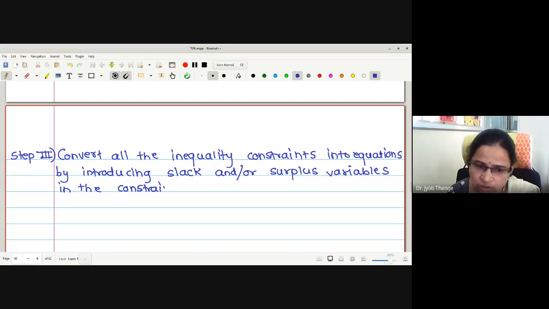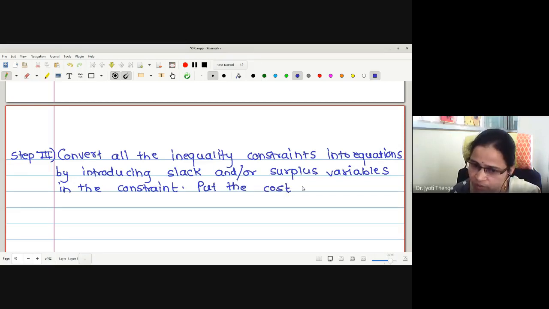And what about the coefficients of these added variables in the objective function? As there is no role of these added variables in the objective function, we will put their coefficients in the objective function to be 0. The coefficient in the objective function is called the cost.